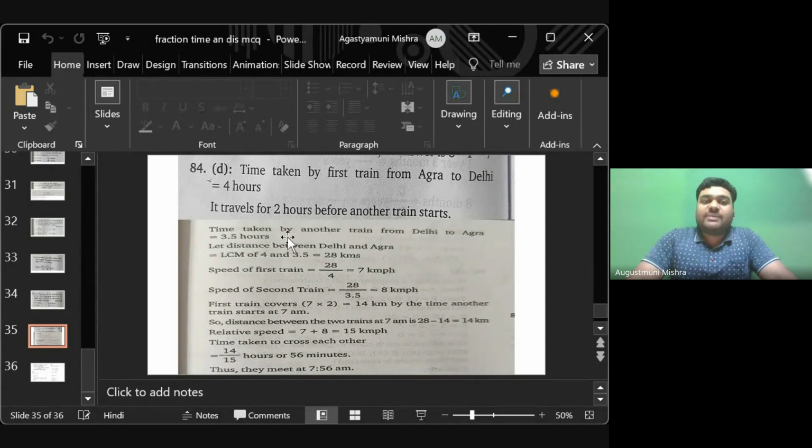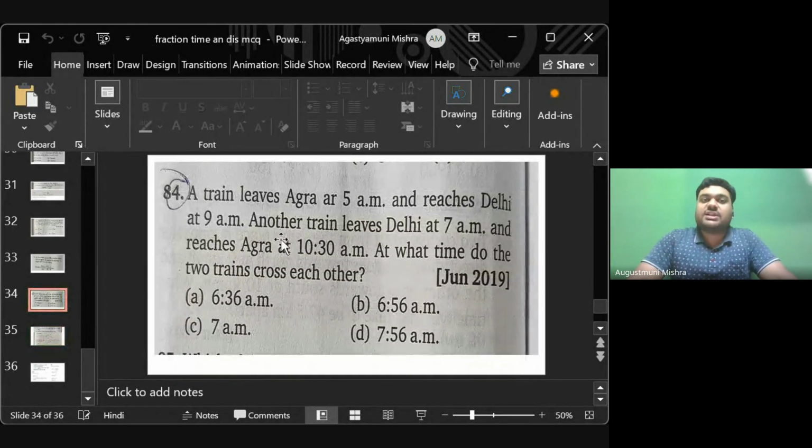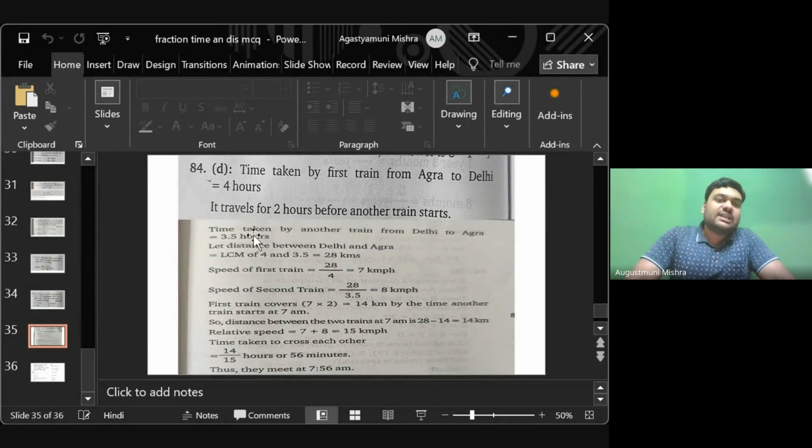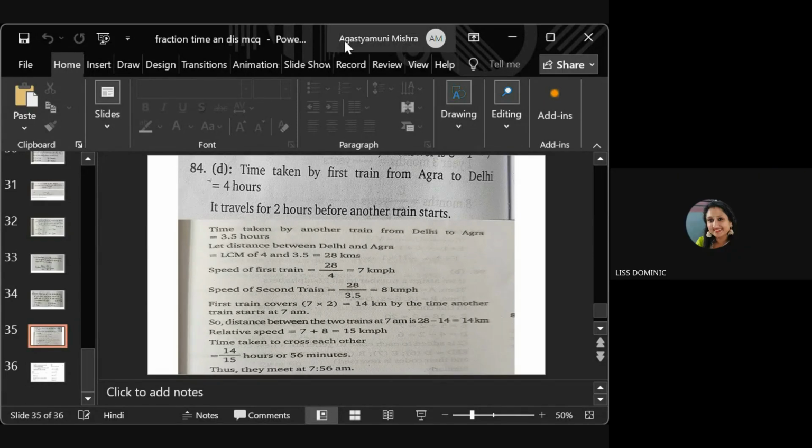Ma'am, you can just unmute yourself if you have any question. Everything is mentioned according to that detail. According to that detail, you have to find the LCM. What is LCM? Lowest common factor. Because whenever we have to find it out, how does the 3.5 hours come, sir?